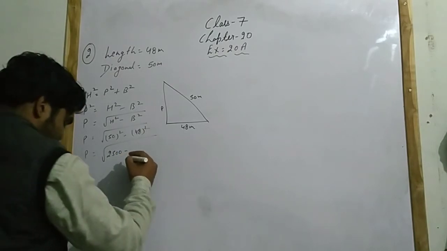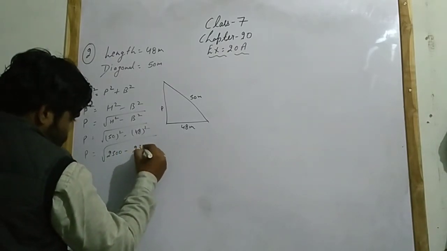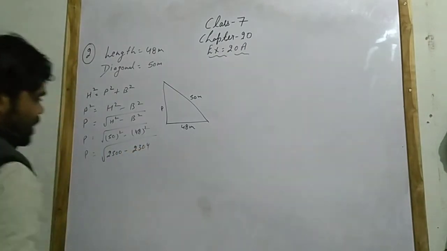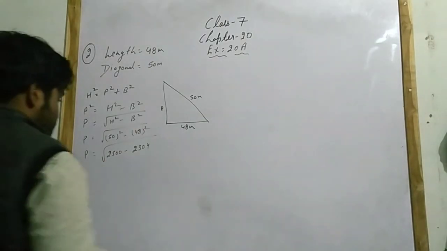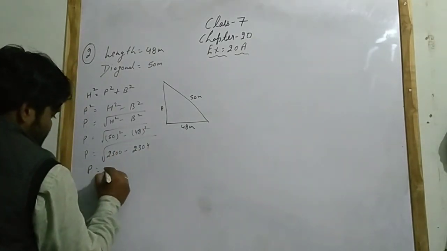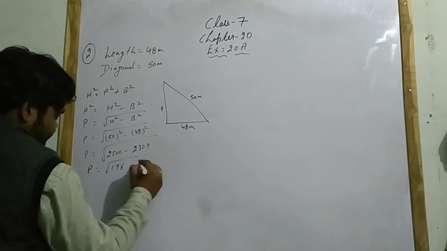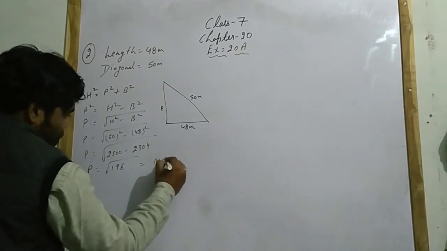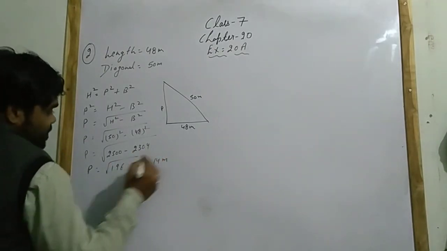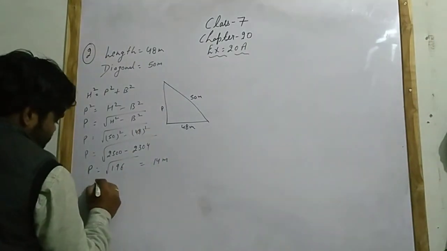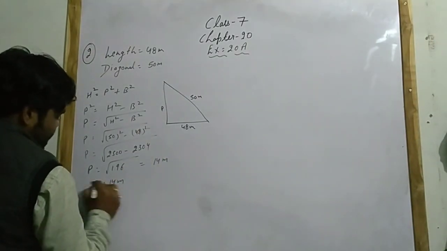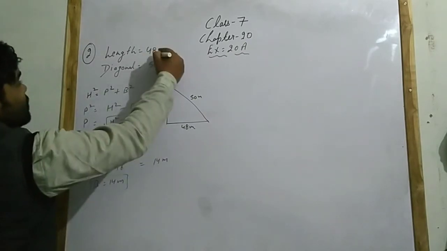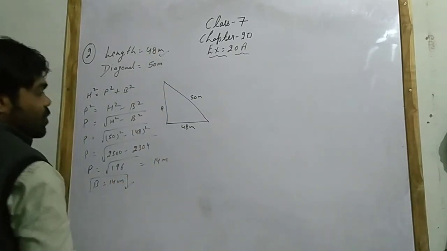Then 48 square is 2304, right? When you subtract this, p equals under root 196, and it will be 14 meter, right? So the breadth equals 14 meter. Length is given here 48 meter, breadth is 14 meter.